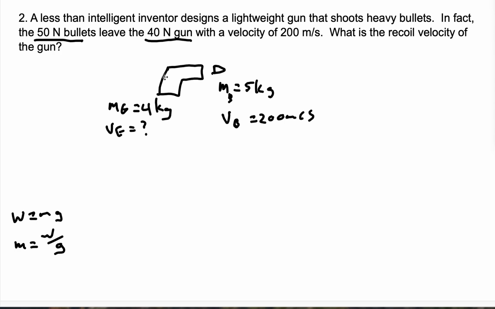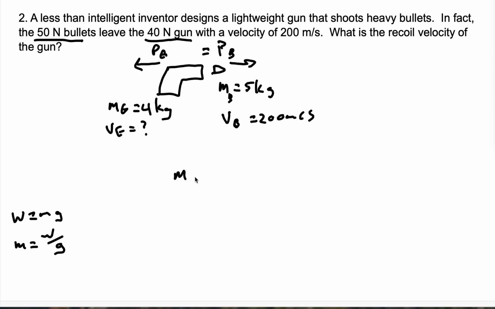Okay? So what that means is the momentum of the gun going backwards is going to have to equal the momentum of the bullet going forwards. Those have to be the same. They have to be the same because they are in opposite directions. So if one is positive and one is negative, they would cancel out and be 0 still.